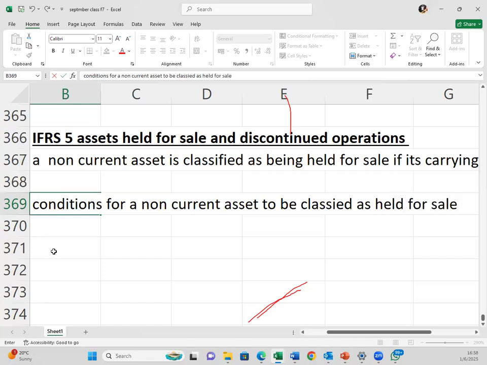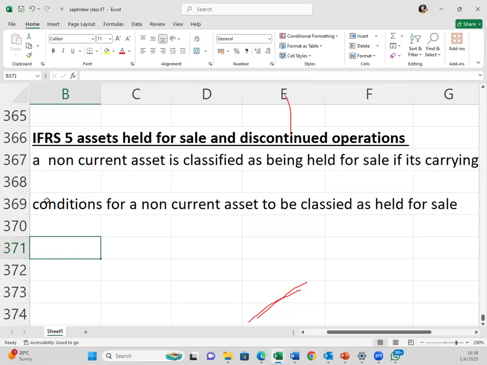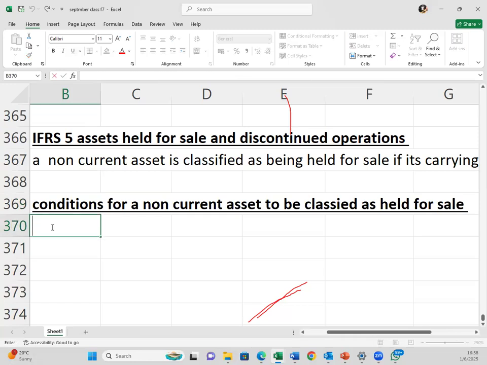So for us to classify a non-current asset as being held for sale, what conditions must be present?